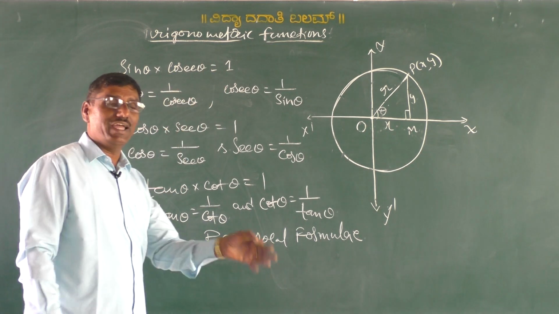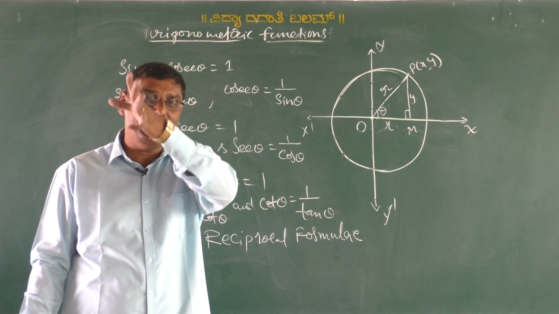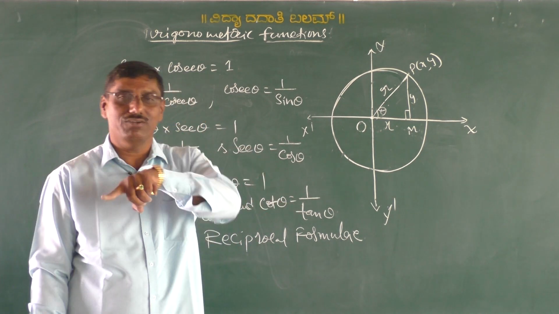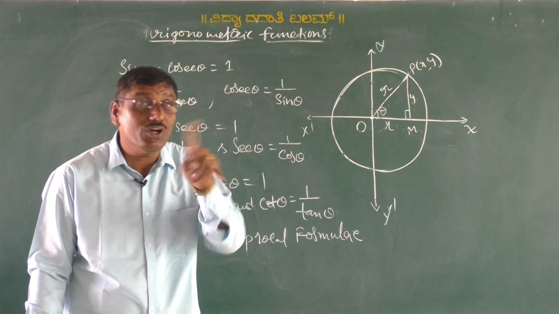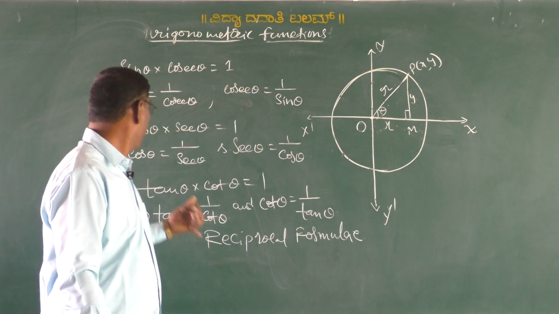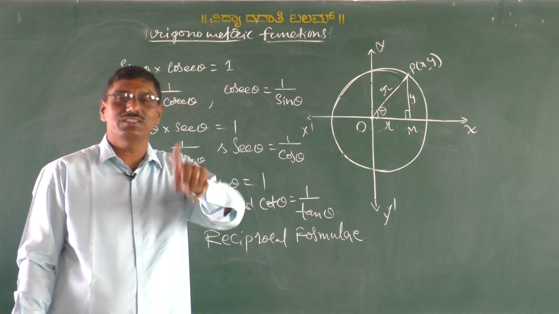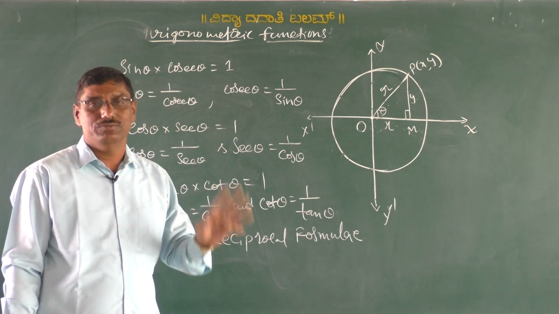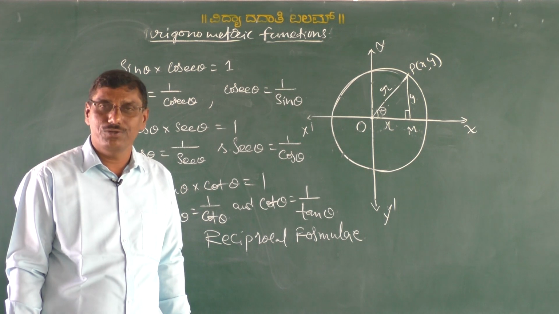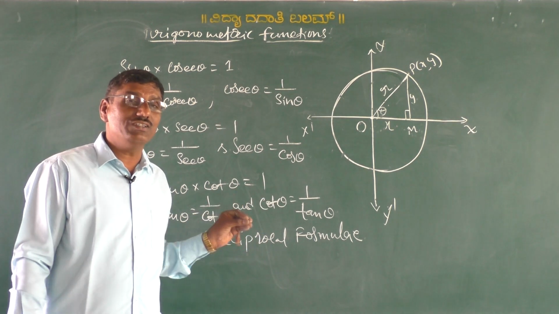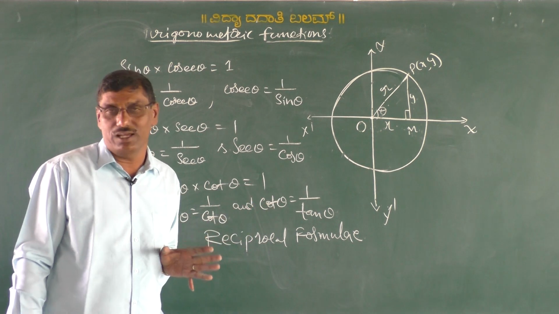That means sin is reciprocal to cosecant, cos is reciprocal to secant, and vice versa. Tan is reciprocal to what? Cot. Cot is reciprocal to what? Tan. Are you understood?